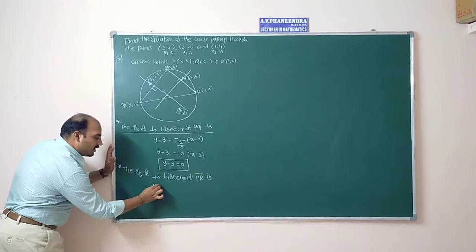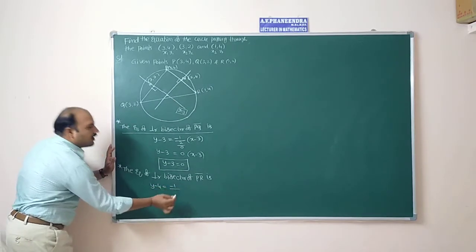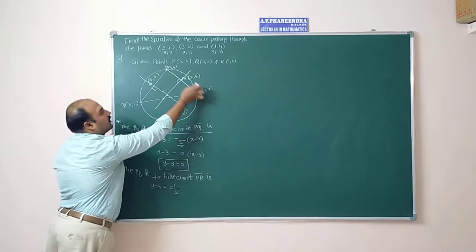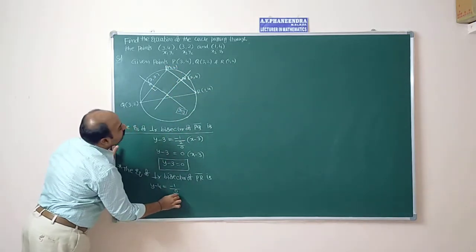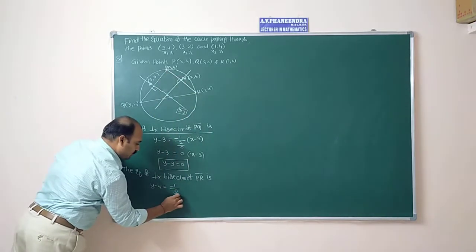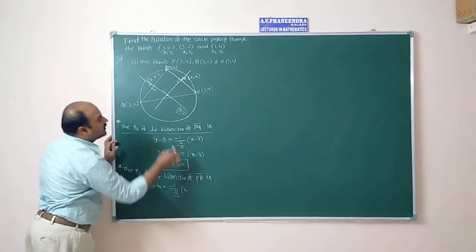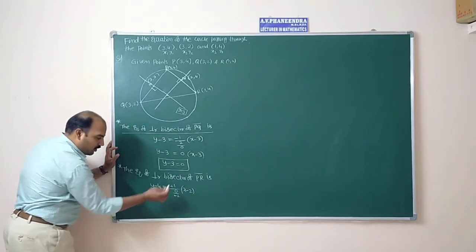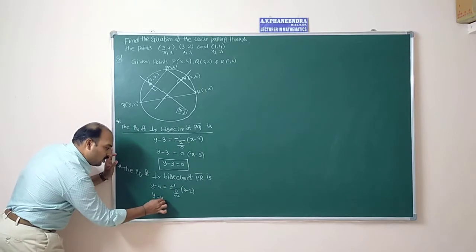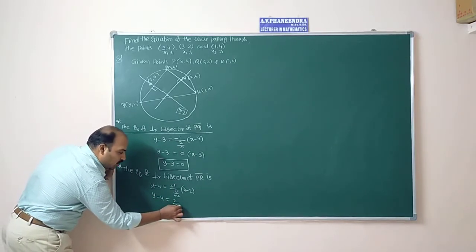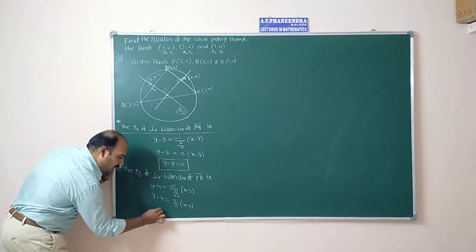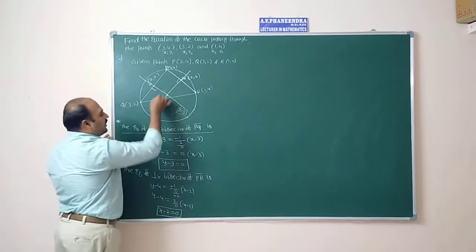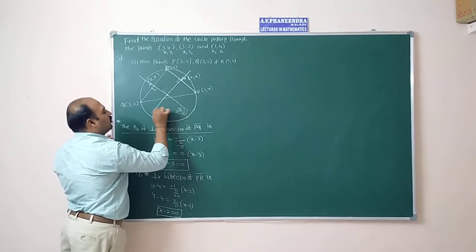So y minus 4 equal to minus 1 by slope of PR, which is 4 minus 4, 0, divided by 1 minus 3, that is minus 2, into x minus 2. So minus minus cancel, denominator becomes numerator. y minus 4 equal to 2 by 0 into x minus 2, cross multiplying, x minus 2 equal to 0. This line is x minus 2 equal to 0.